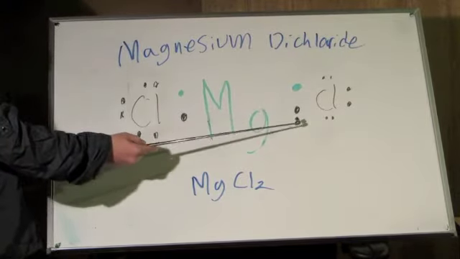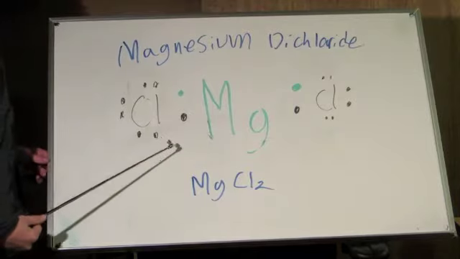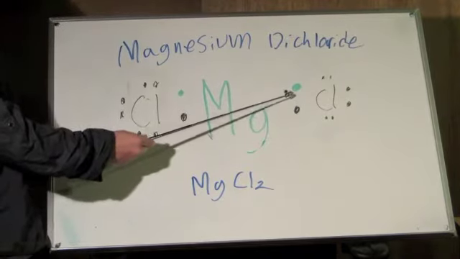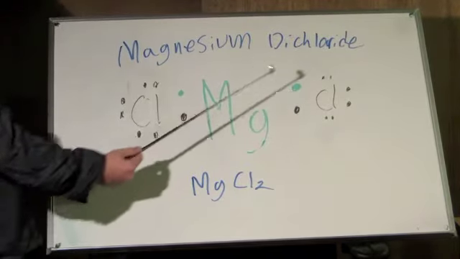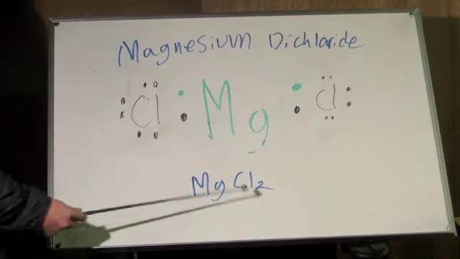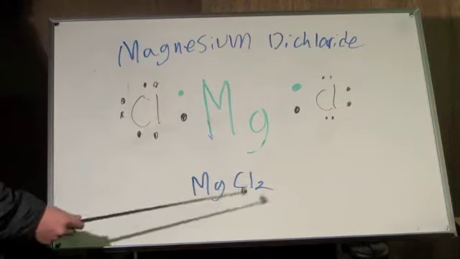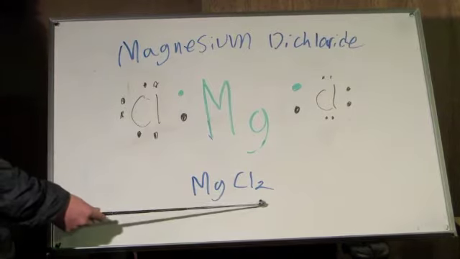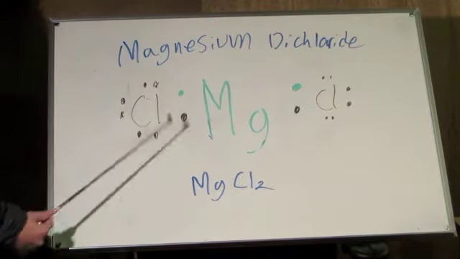So we have 2 chlorines, and then it is equal. This is the formula down here, MgCl2. The 2 is the subscript, standing for 2 chlorines.